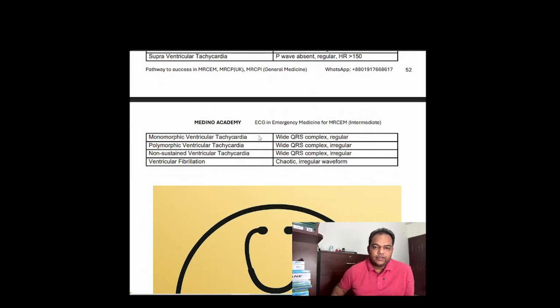In case of VT, the QRS complexes are wide. In monomorphic VT, the QRS morphology is regular, but in case of polymorphic and non-sustained VT, the QRS morphology is irregular. In case of ventricular fibrillation, there are fibrillatory irregular chaotic waves.